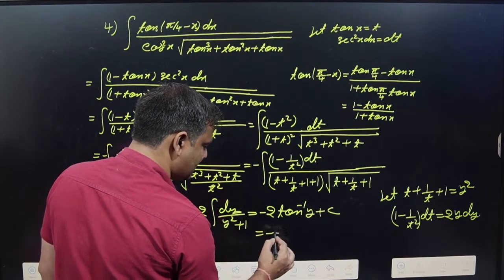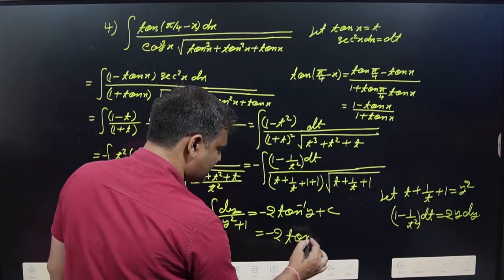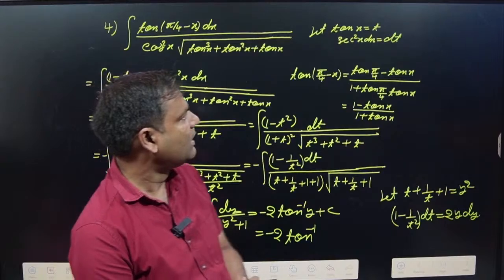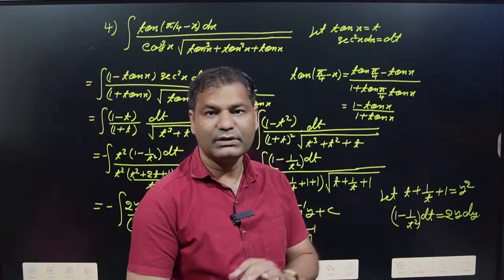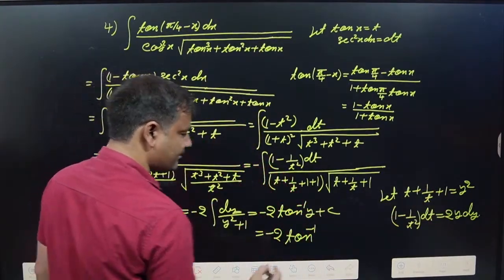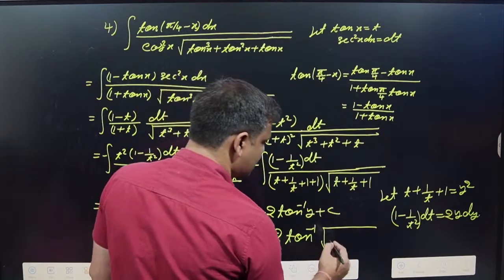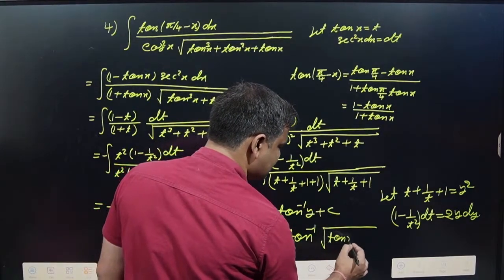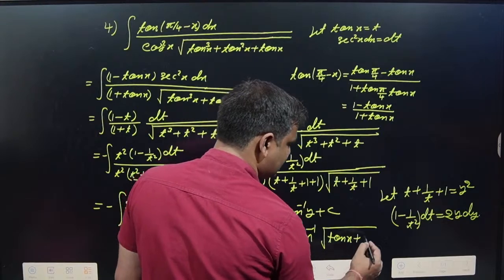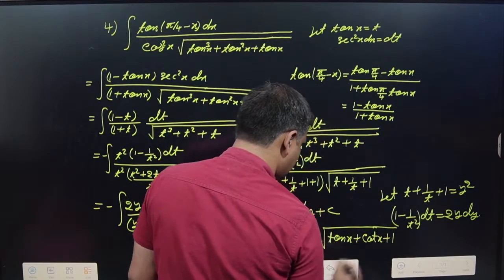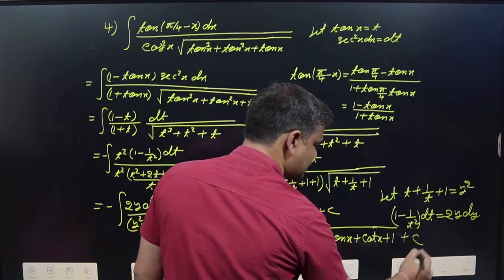So minus 2 tan inverse y, basically under root of that, where t is replaced by tan x, so tan x plus 1 upon tan x, basically cot x plus 1, and plus c is the right answer.